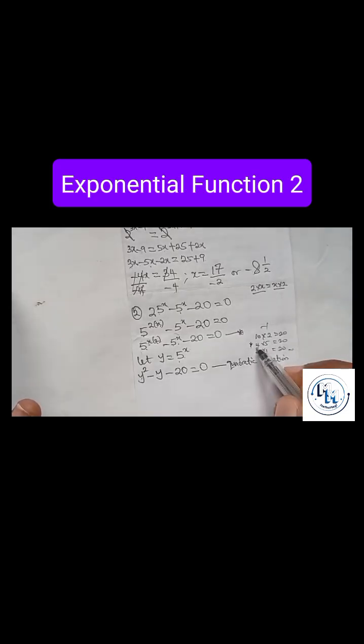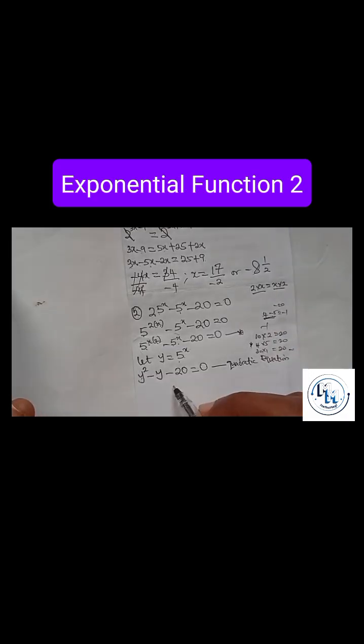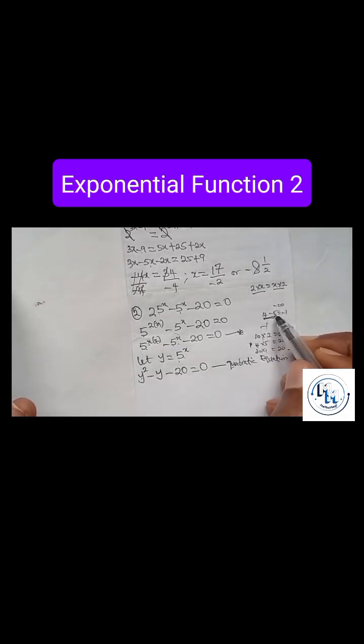If I say 4 minus 5, is that okay? That gives me minus 1. Still, 4 times minus 5 is going to give us minus 20. So that means this is the right factor to be used in this place. 4 and 5 is what I picked here.